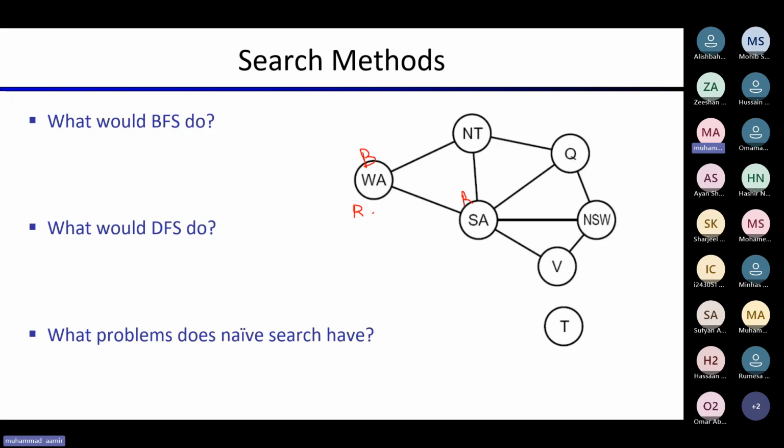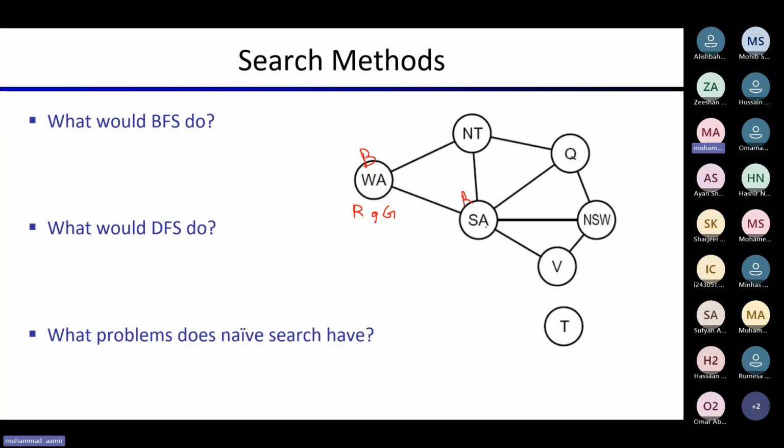Maybe red and green allocation is much better for Western Australia, in that the neighboring states, the Northern Territory and South Australia, will have an easier assignment if we have other values available in their domain.